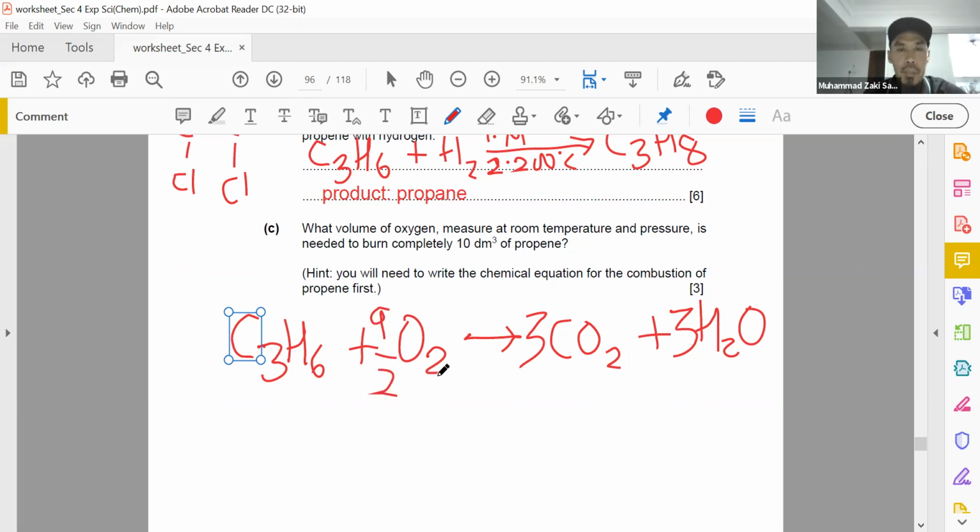Now you want to find the volume of oxygen when you are given 10 dm cube of propane. I shall give you a shortcut for this. Remember, I told you when you want to solve this problem, you must find the mole, then the ratio, then convert. For gases only, there's a shortcut. I sometimes haven't gone through this because I have no time. It's Avogadro's gas law, and it only applies to gas.